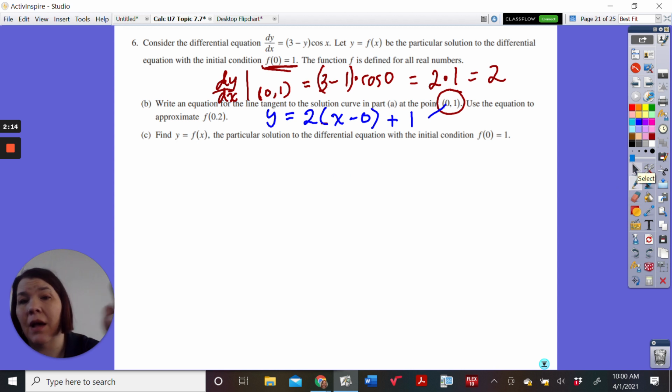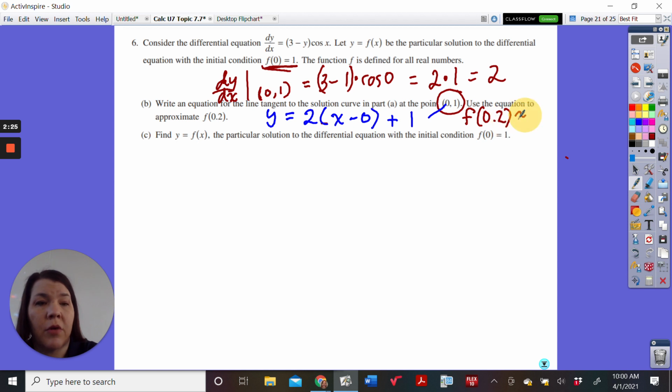Then I'm going to go ahead and approximate at f(0.2). So f(0.2) is approximately equal to 2 times (0.2 minus 0), which is 0.2, plus 1.